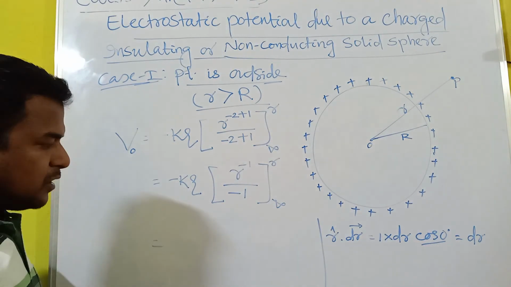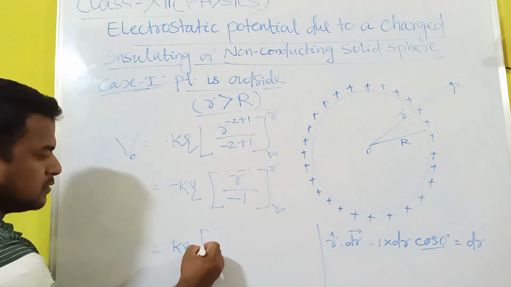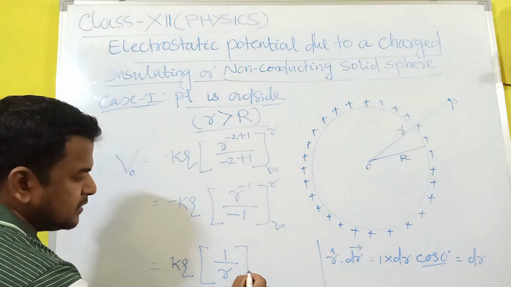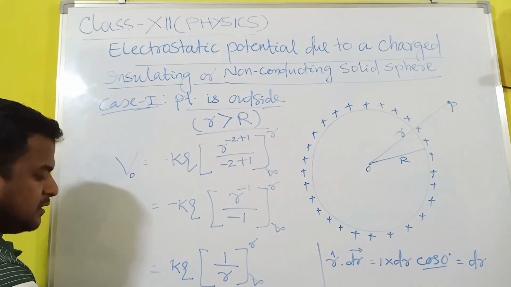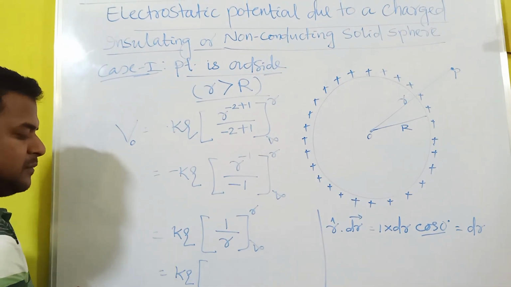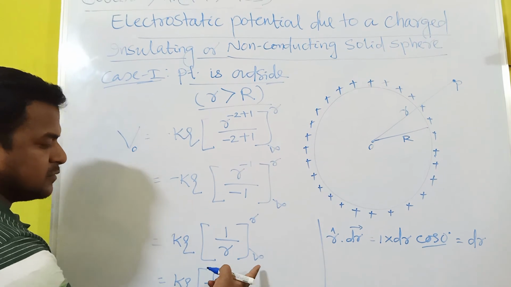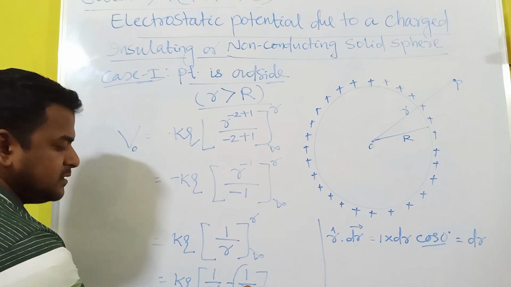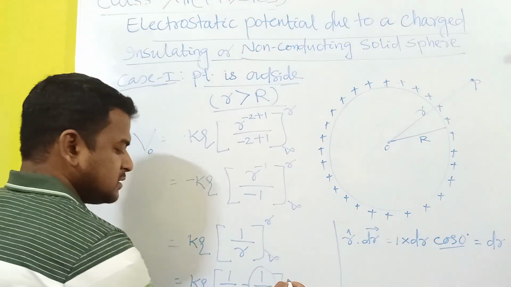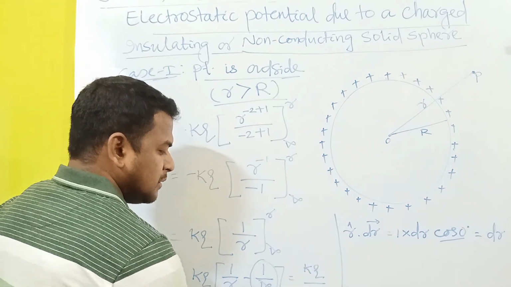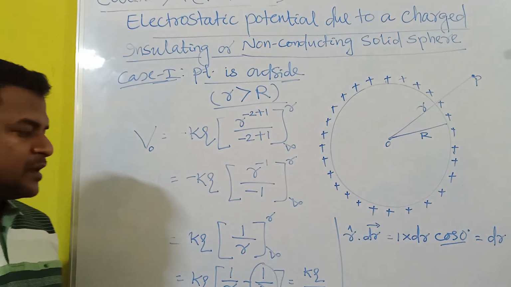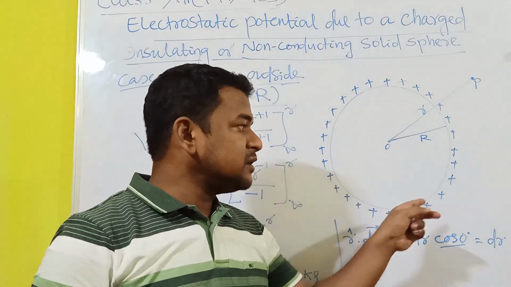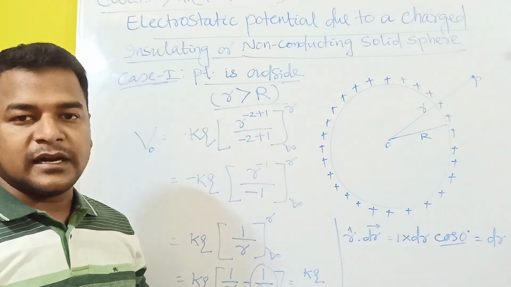Minus minus is plus, so kQ times 1 upon r from infinity to r. Putting the upper limit, 1 upon r, minus the lower limit, 1 upon infinity, which is 0. So it will be kQ upon r. So the potential at a point outside the non-conducting sphere is kQ upon r.